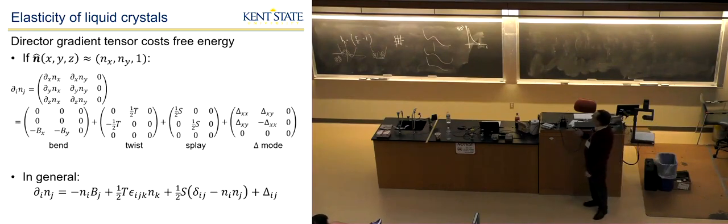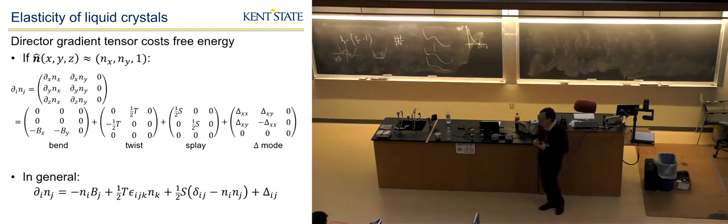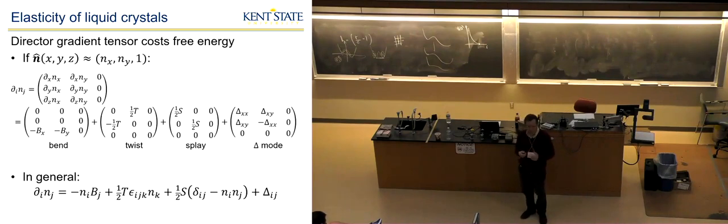So you remember what I did 2 days ago with liquid crystal elasticity was starting with the idea that the thing that costs free energy is gradients of the director. If the director is uniform everywhere, that's fine.